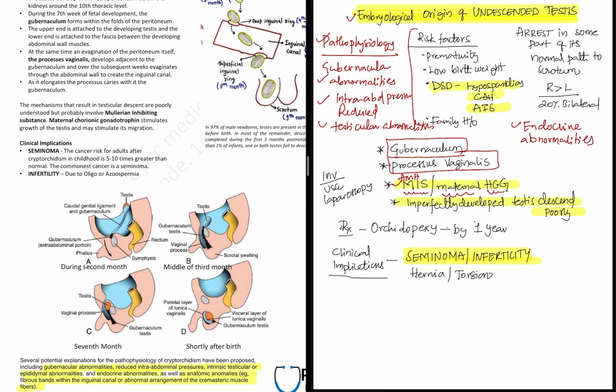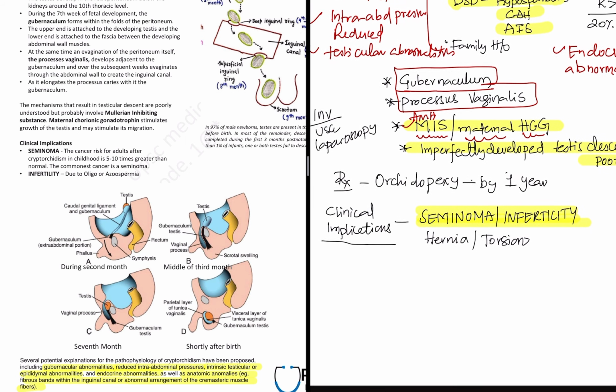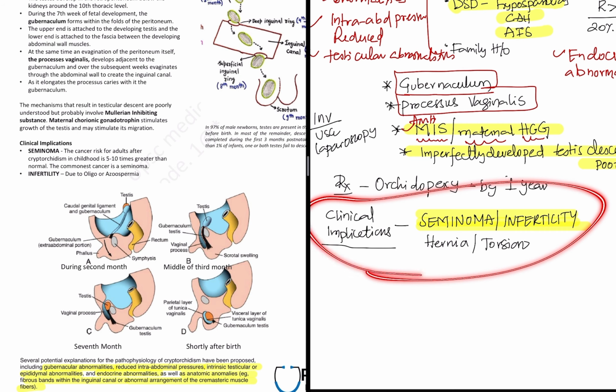Now, how do you investigate? Most of the time the diagnosis is clinical, but you can confirm it with ultrasound, and in some cases you might need to go for laparoscopy. And we all know the treatment: it is orchidopexy. It should be done within 1 year, less than 1 year of age. And one important thing I expect in this answer is to mention clinical implications.